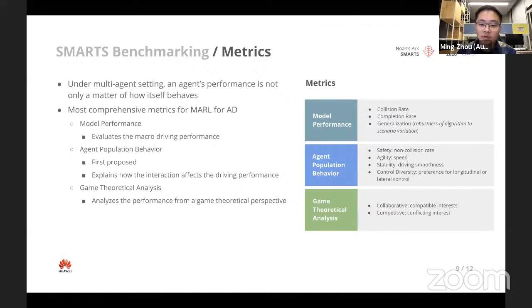To support that, we propose more metrics, including agent population behavior metrics and game theoretical analysis. Especially for the population behavior metrics, we are the first to evaluate driving performance from the perspective of behaviors.